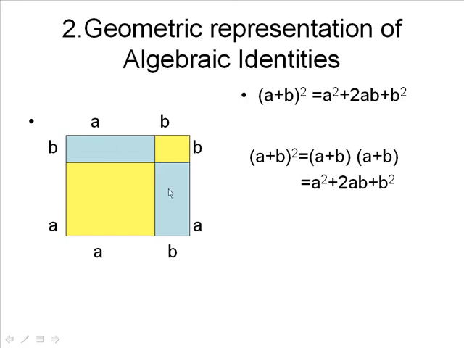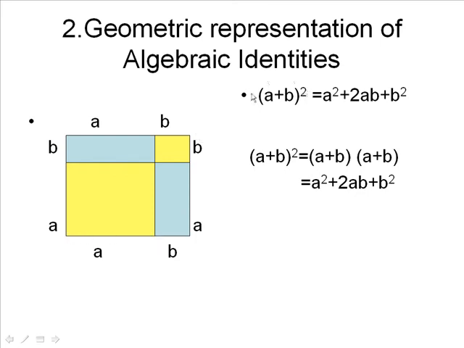And these two blue rectangles with length a and width b, the area of each one is a times b, so two of them will be 2ab. The right side can be represented by the areas of these two yellow ones plus these two blue ones, which form the big square with each side equal to a plus b.